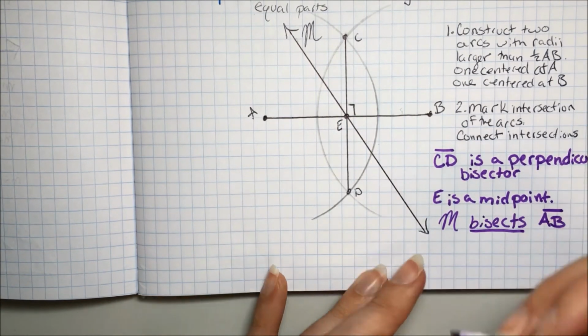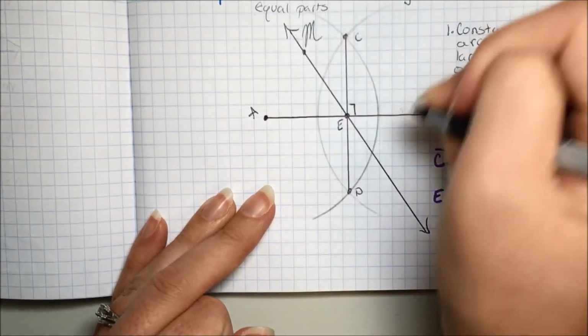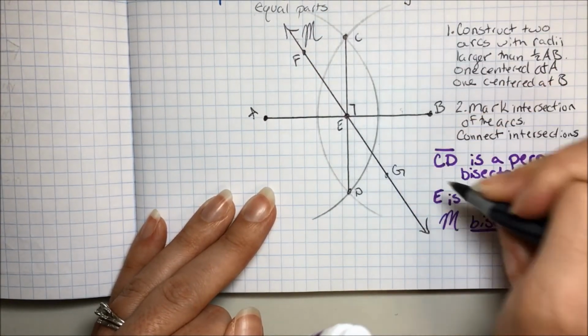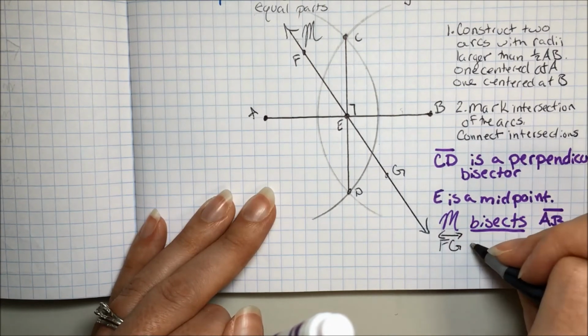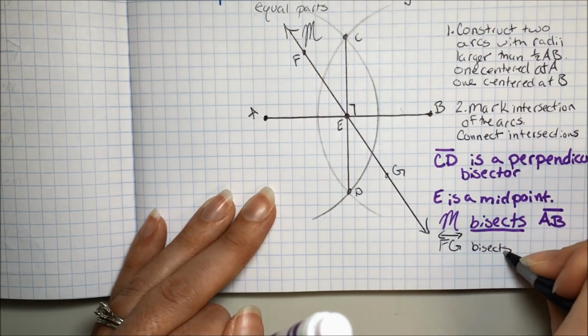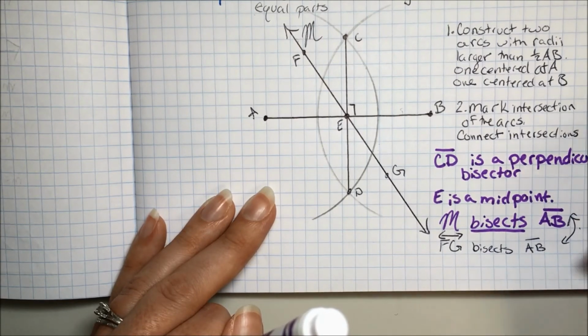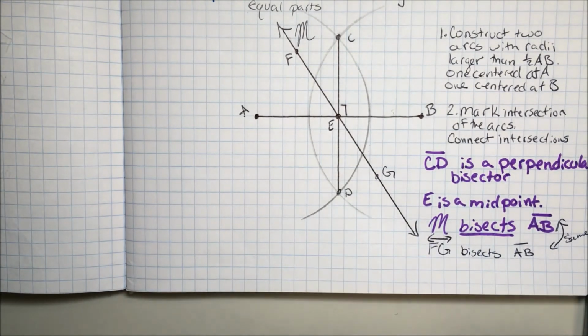Line M bisects AB as well, and we could also put 2 points on here so there's no confusion, F and G. We could also call this FG bisects AB. So these are the same. So that is what a perpendicular bisector is.